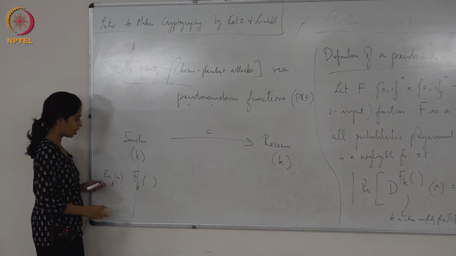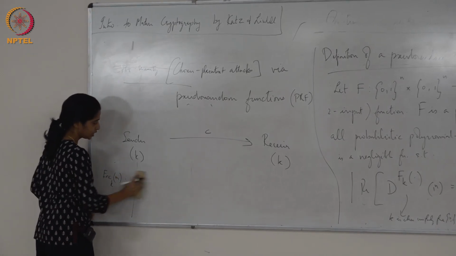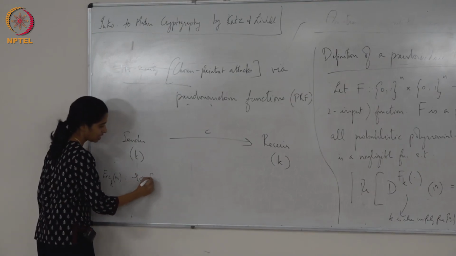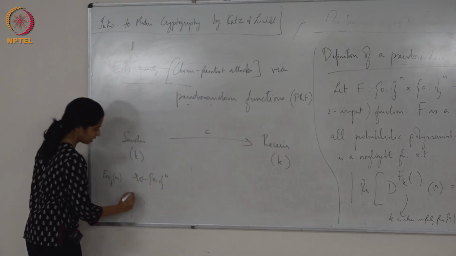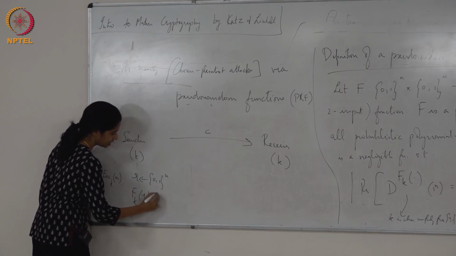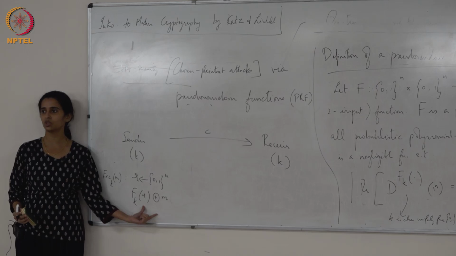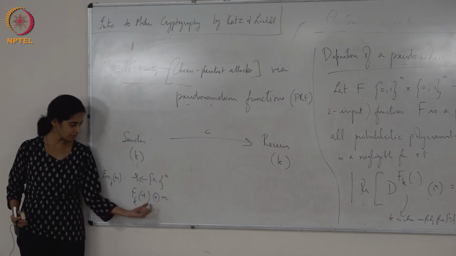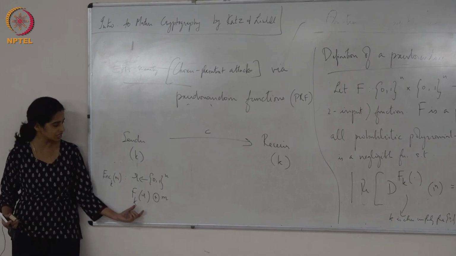What one could do is, instead of just computing Fk of M, the encryption algorithm can choose an R uniformly at random, and then send Fk of R XOR M. In some sense you can think of this as very similar to the one-time pad. In the one-time pad, you XORed the message M with a key K, a uniform string that was not known to the adversary.